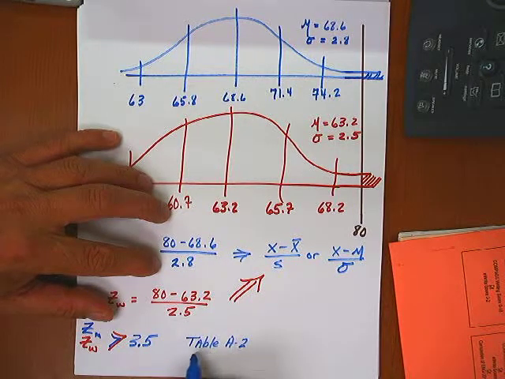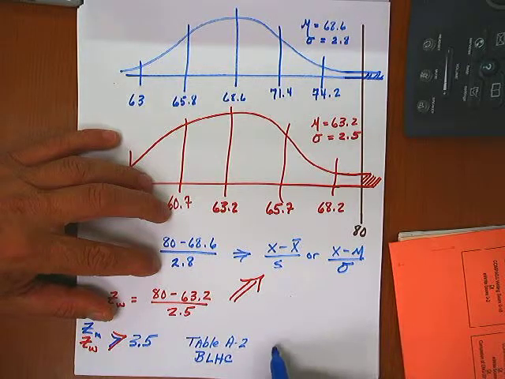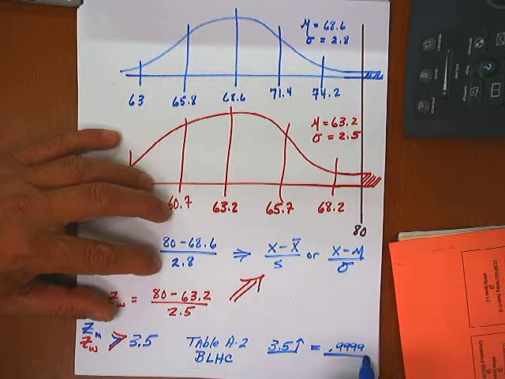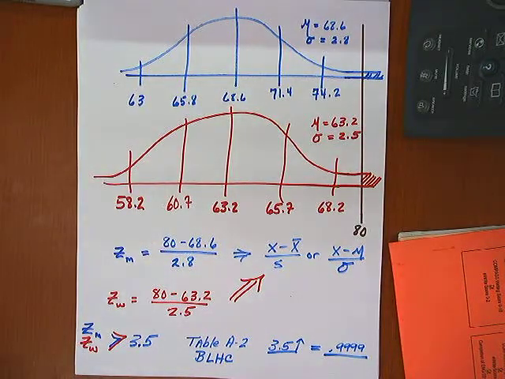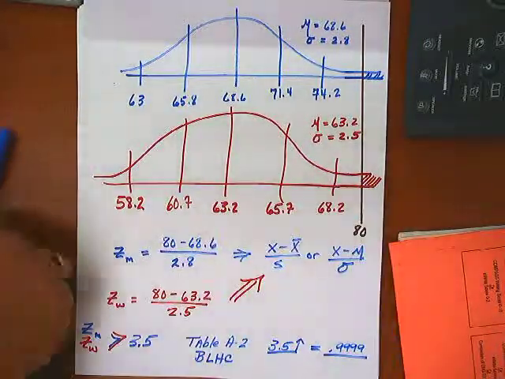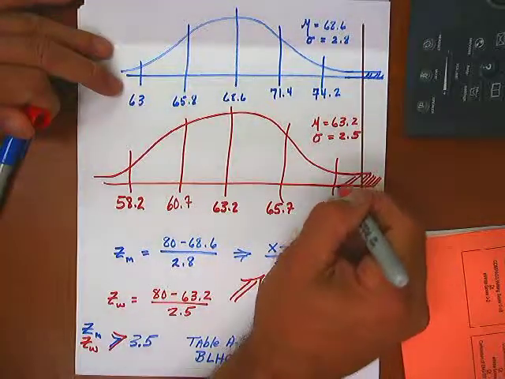And if you look at your table A2, you will see a note in the bottom left hand corner that says 3.5 or greater is equal to 0.9999. You need to make a note of that on your table.